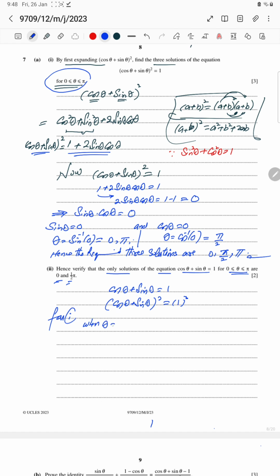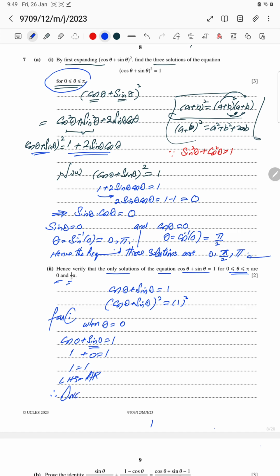When theta is equal to 0, cos 0 plus sin 0 equals 1. Sin 0 we know is 0, cos 0 is 1, so 1 equals 1, left hand side equal to right hand side.